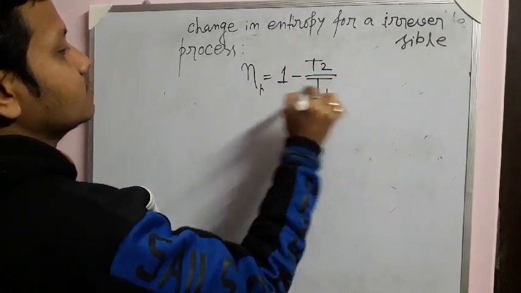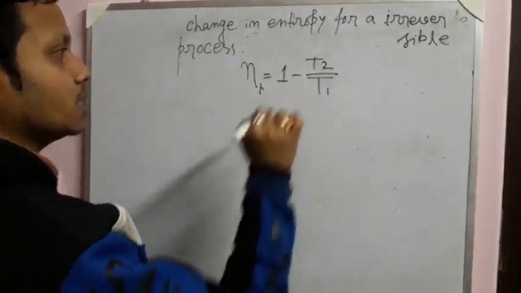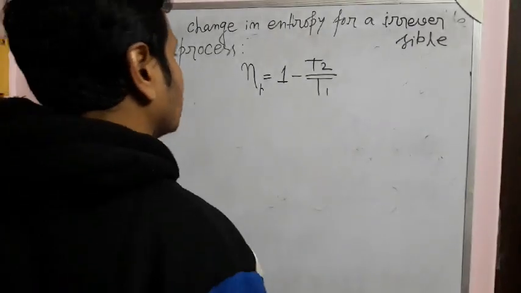Here R means the engine is reversible. Okay, so we take a reversible engine working between the two temperature limits T1 and T2. The efficiency can be written in this way.